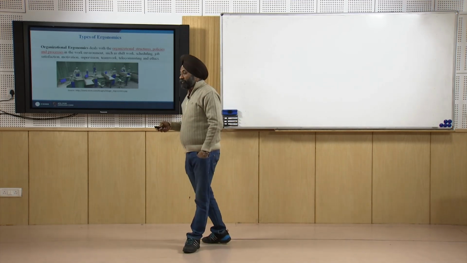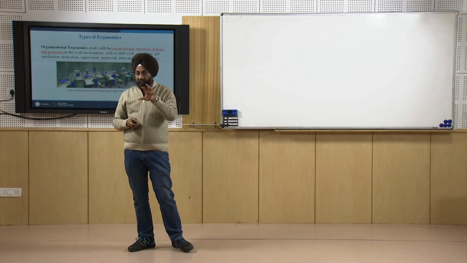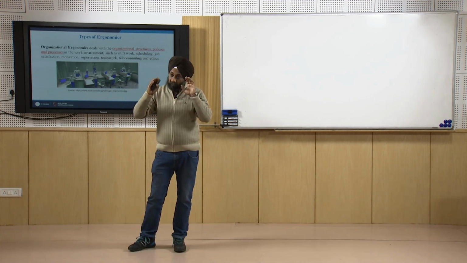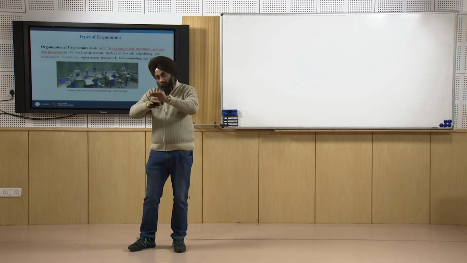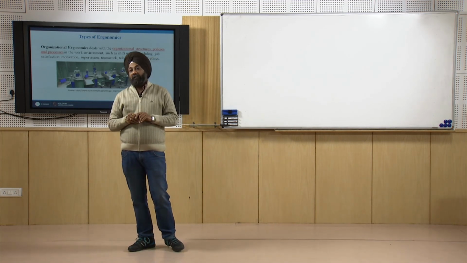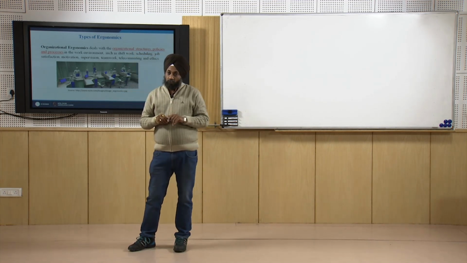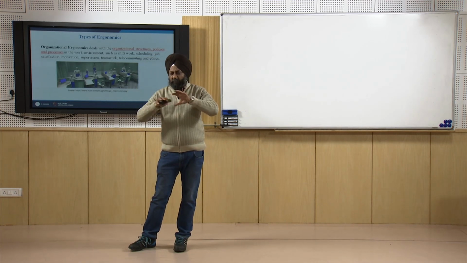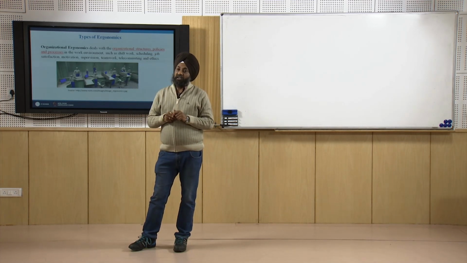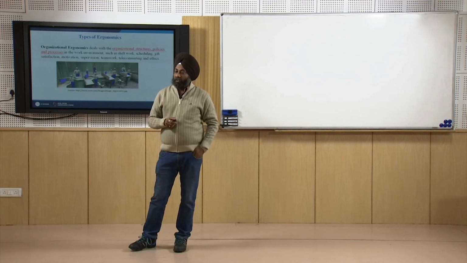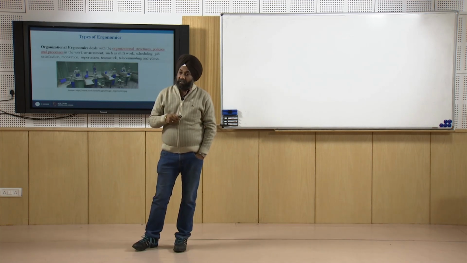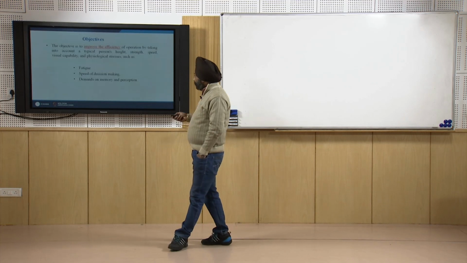So ergonomics is not only related to product, it is related to our mind also, it is related to our interaction with the other system elements also. Ergonomics can be applied in diverse fields of engineering, and we will take a few examples of ergonomics and try to understand it in a much better manner.